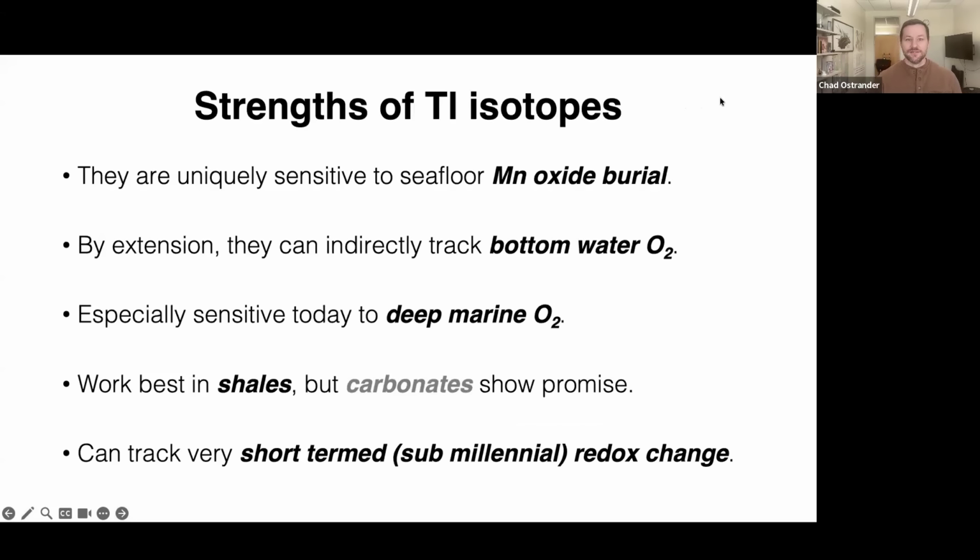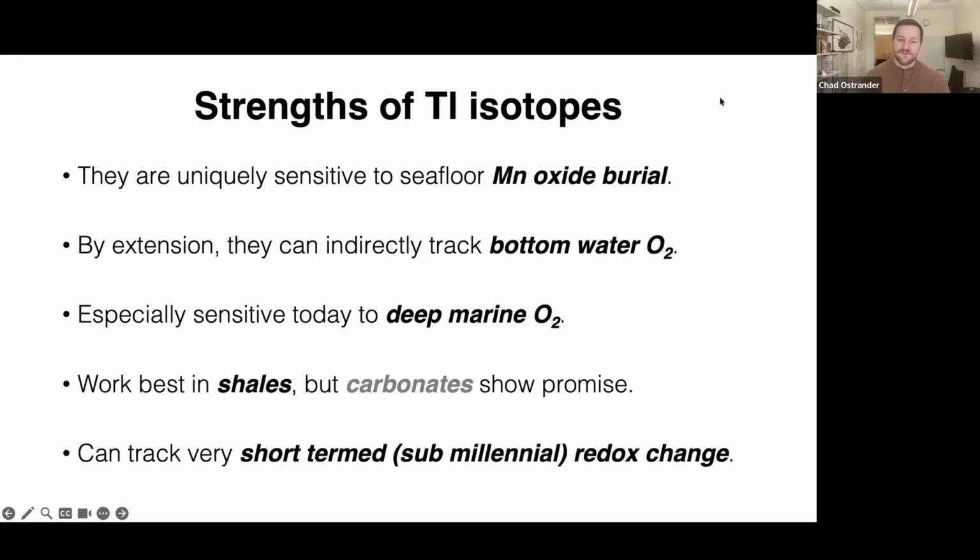But just to reiterate the strengths here, I hope that I've conveyed to you that thallium isotopes are a really unique tool, and they do have a really unique sensitivity. Thallium isotopes are uniquely sensitive to seafloor manganese oxide burial, not mere manganese oxide formation. Because of this, they seem like a really good tool for tracking indirectly bottom water oxygenation.